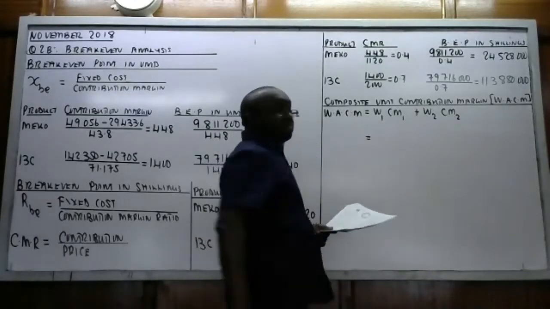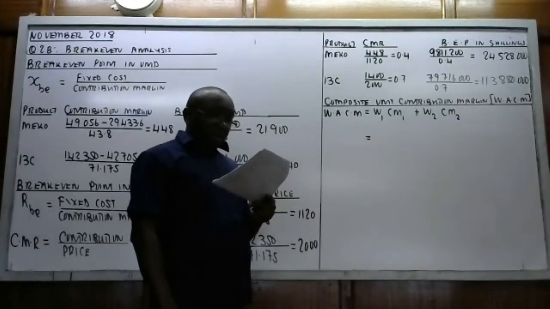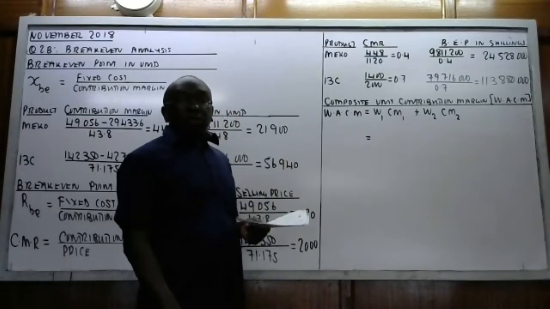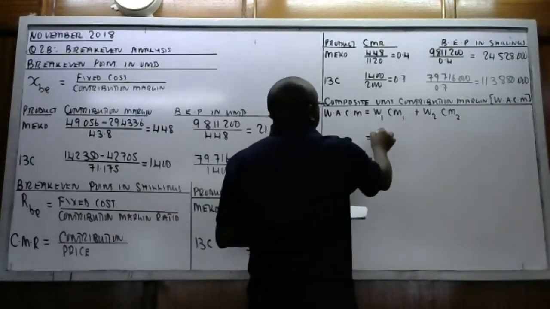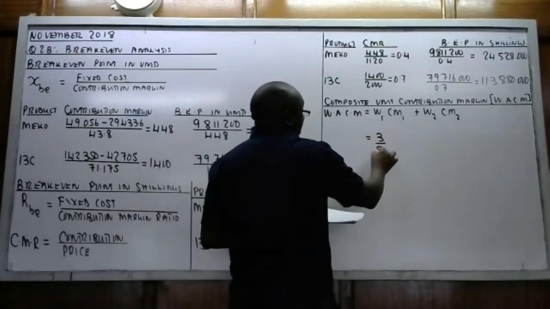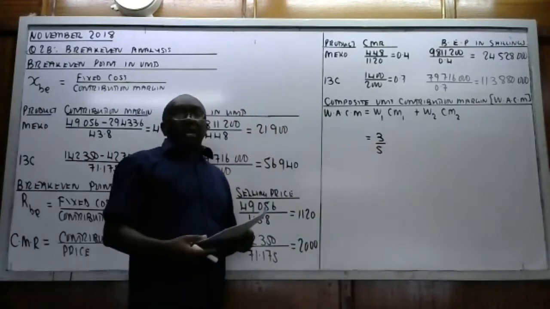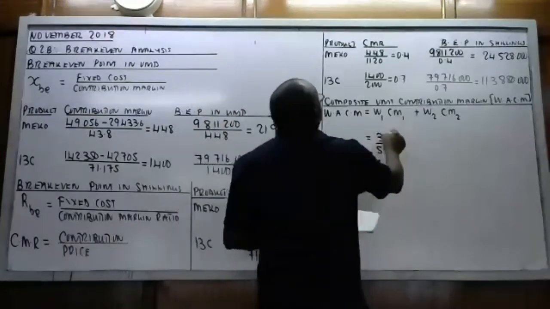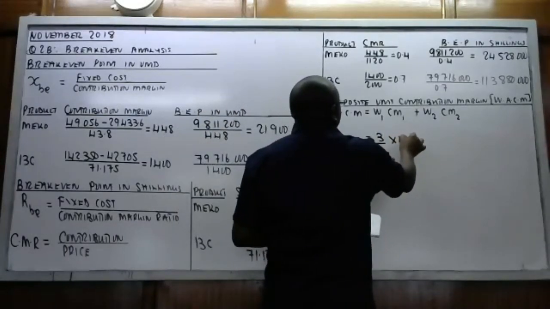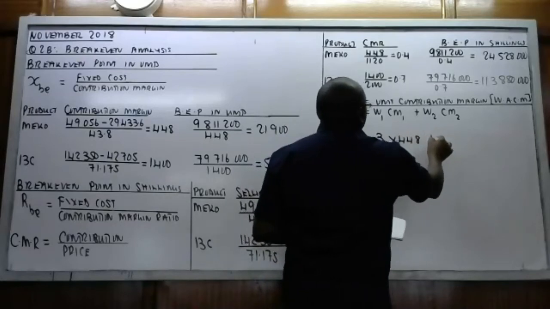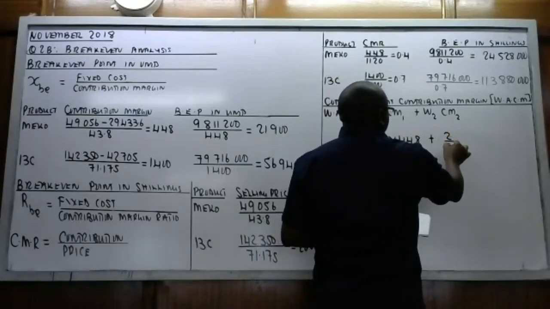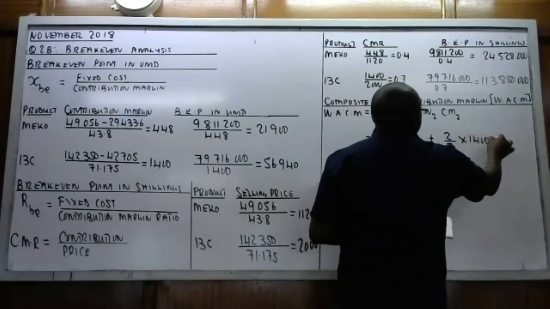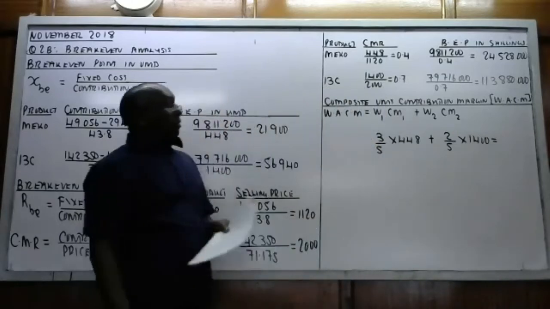We are told Meko, which is our first product, is bought 3 times when the other one is bought 2 times. So Meko is bought 3 out of 5. So for every 5 items, 3 are Meko, times the contribution margin of Meko, 448, plus the other one 2 out of 5 times 1400.